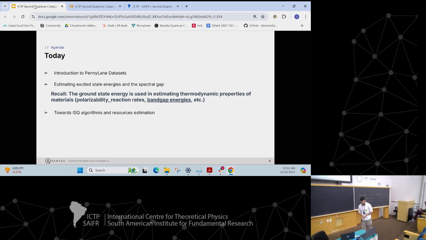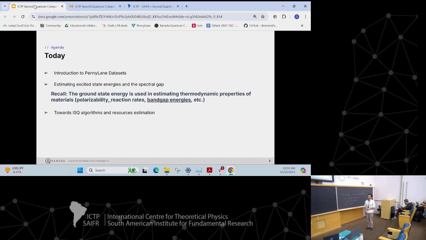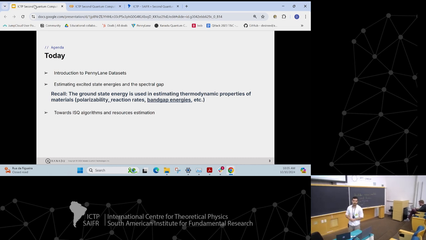So we then have time to go through PennyLane datasets. So we'll start off with that today. And then we're going to continue our exploration of algorithms for energy estimation, but we're going to go beyond the ground state energy. VQE is by far not the only algorithm that exists for ground state energy estimation, nor is it the best one necessarily. There's also interest in low energy states that we'll look at. We'll look at one particular variation algorithm as an example of that. And of course, there are lots of other ones that you can look at.